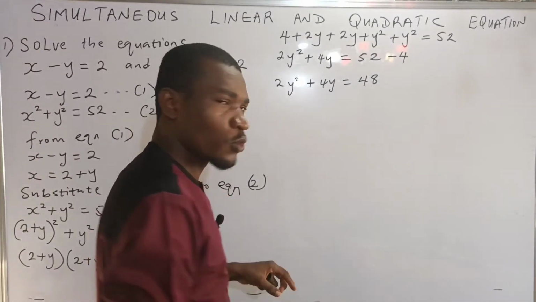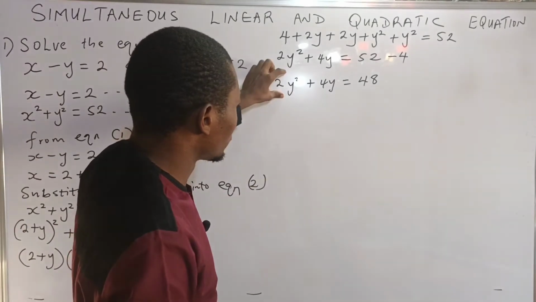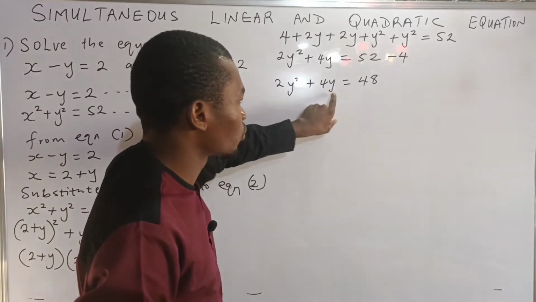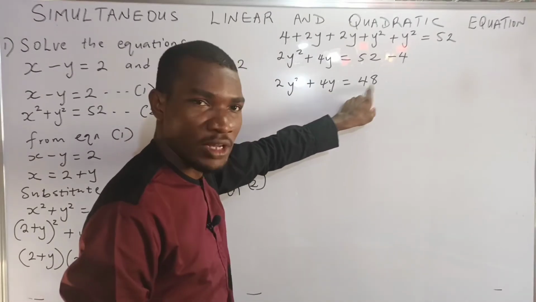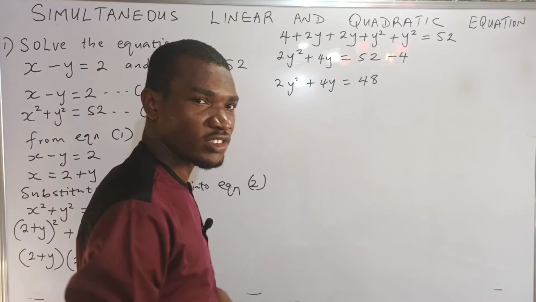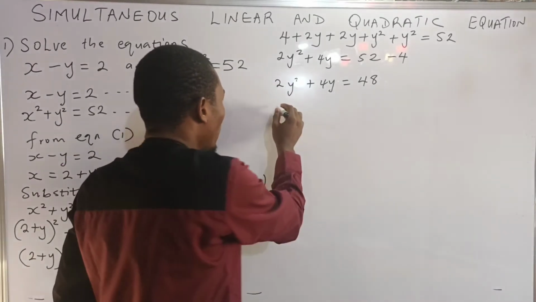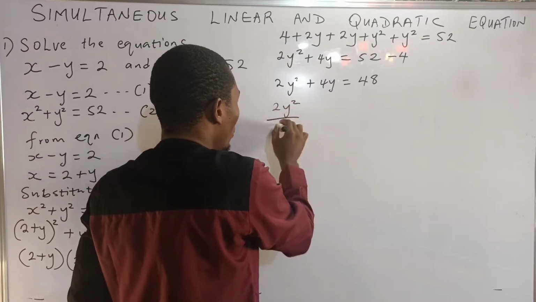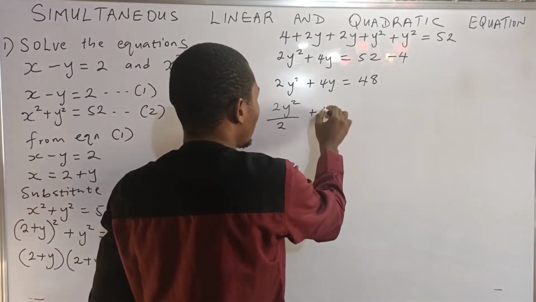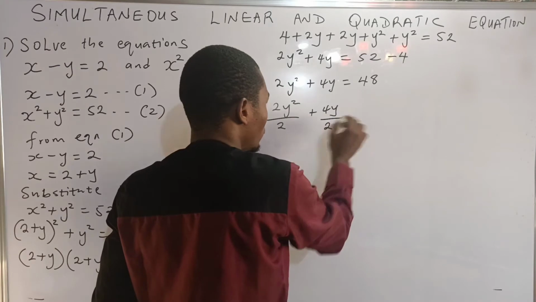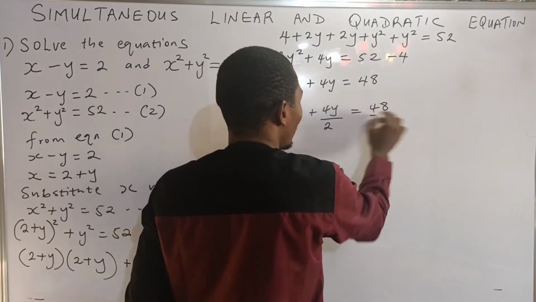But before we solve quadratically, let's reduce the coefficient of y squared, the coefficient of y and the value 48 to their lowest terms, such that when we divide through by 2, we have 2y squared all over 2 plus 4y all over 2 equal to 48 all over 2.